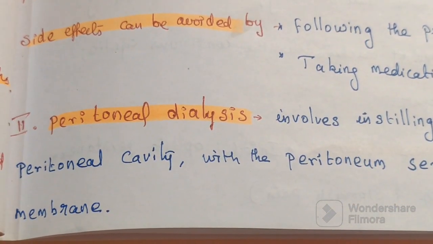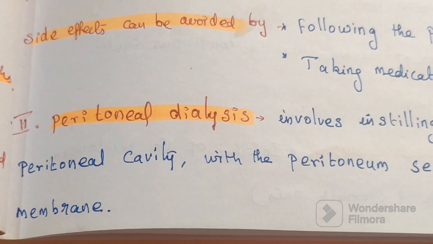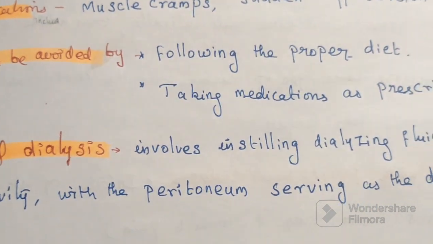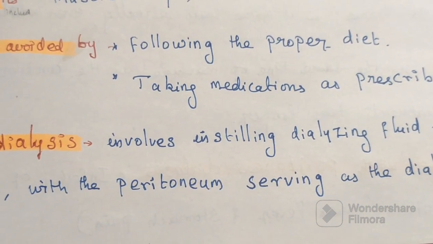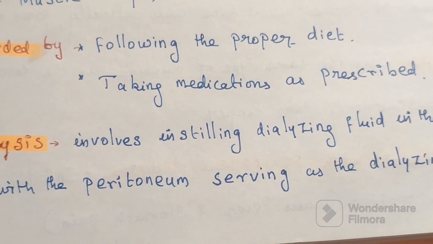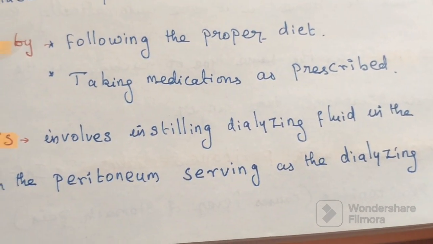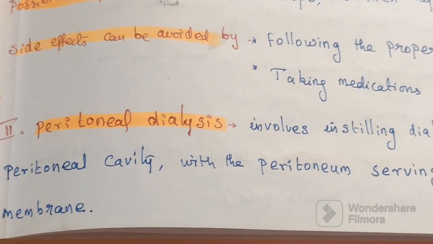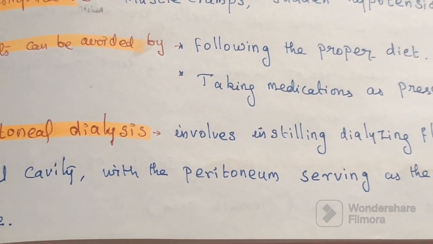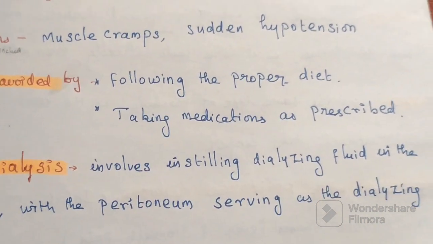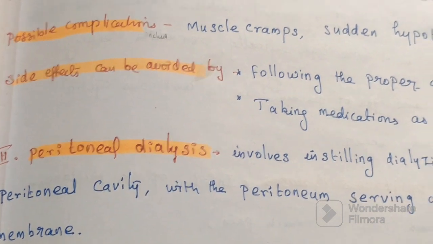Then the second type of dialysis, peritoneal dialysis, involves instilling dialyzing fluid in the peritoneal cavity, with the peritoneum serving as the dialyzing membrane.